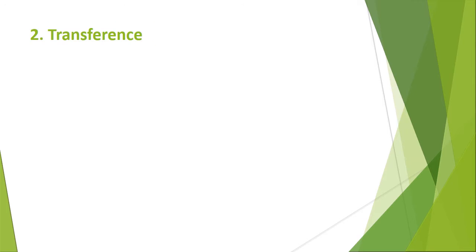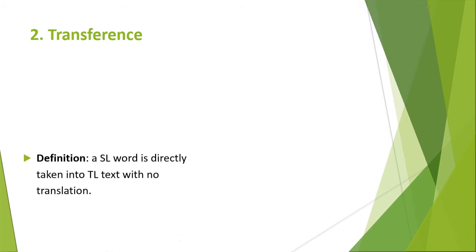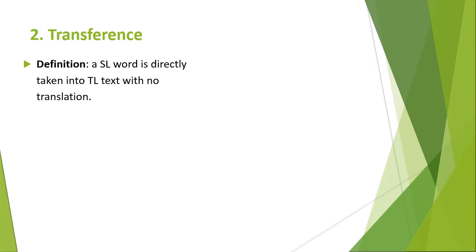And the second translation procedure is transference. Transference is a source language word that is directly taken into the target language text with no translation.